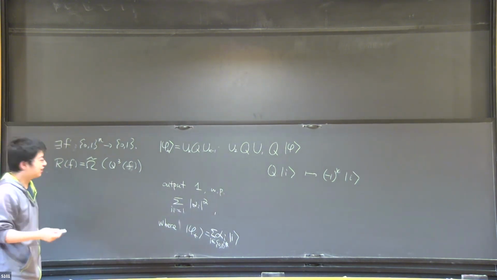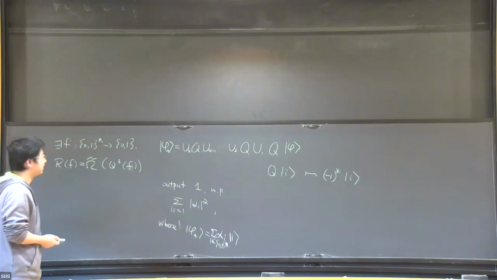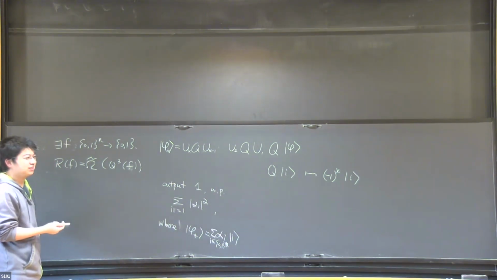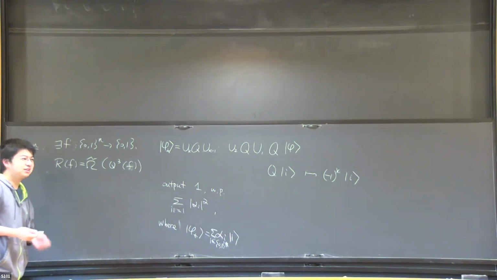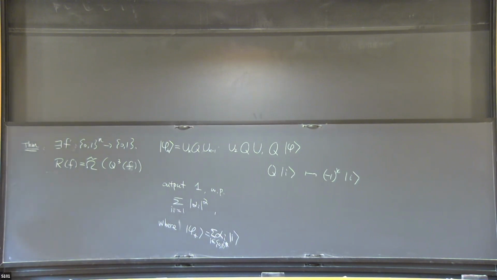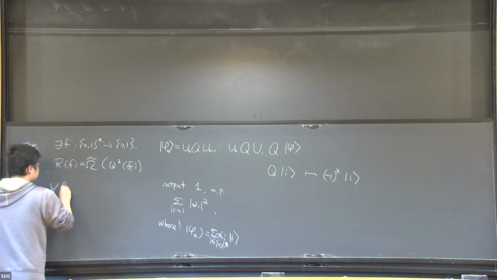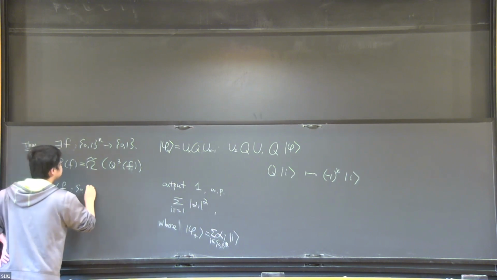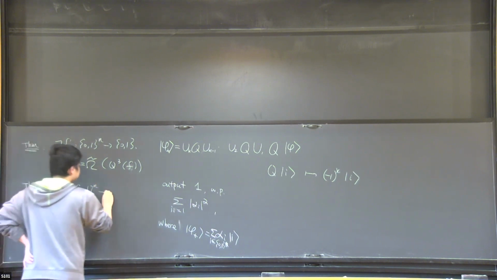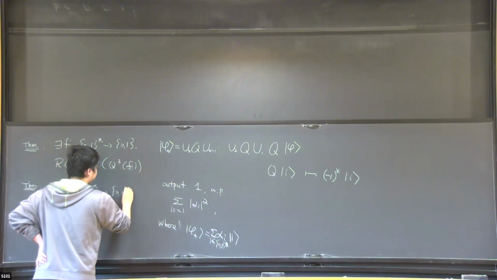Hopefully this is a good enough review for you. Maybe any questions? All right. So last time we also mentioned that the largest possible separation for total functions is quartic, a power of four.